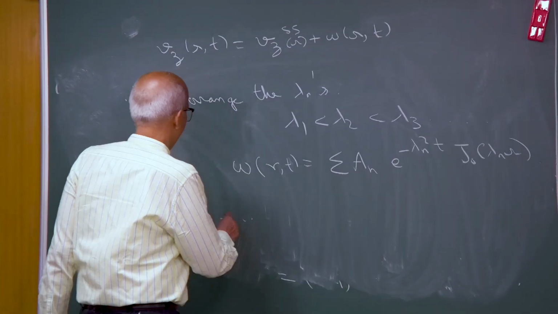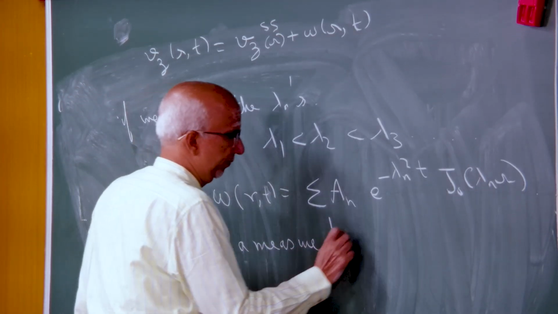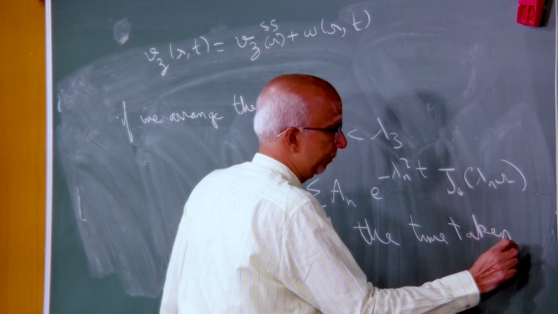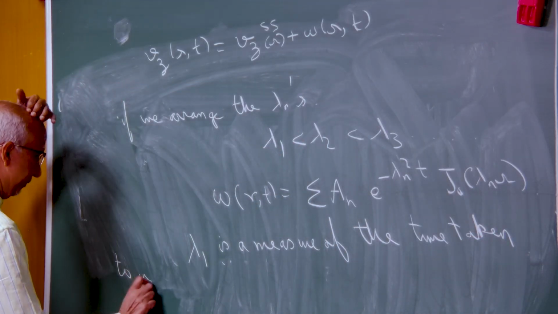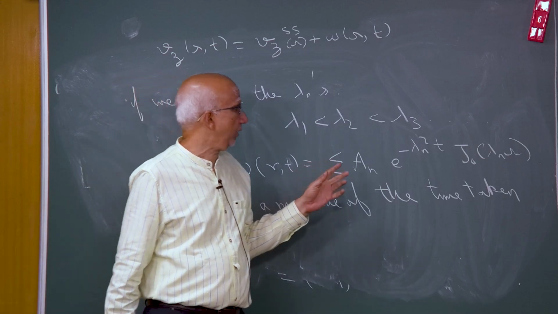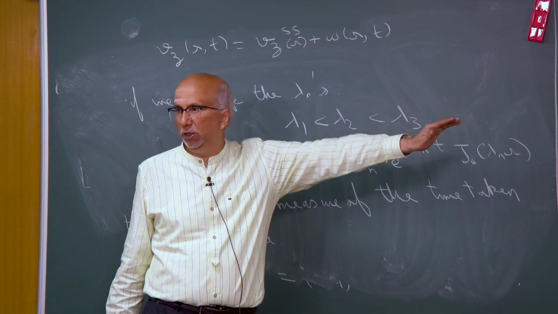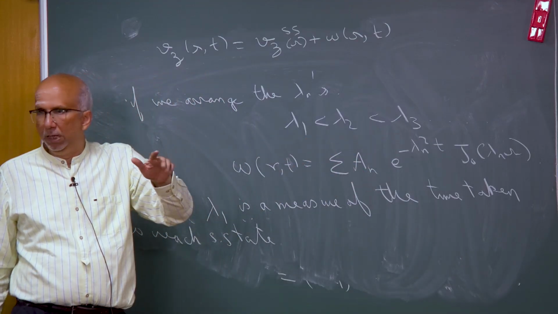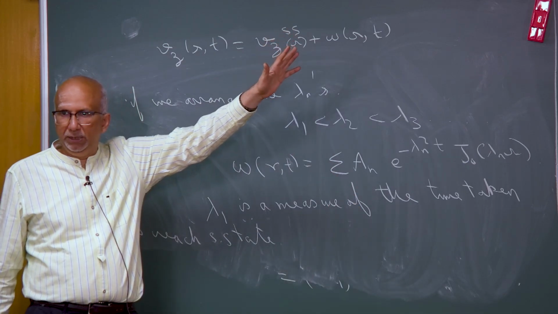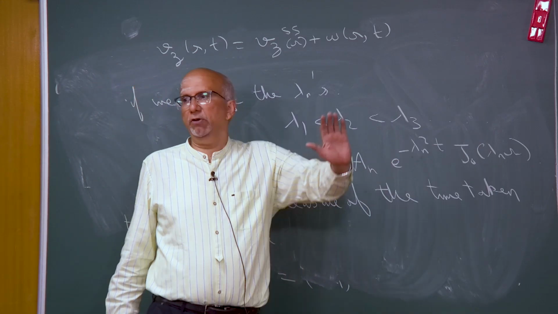Lambda_1 is a measure of the time taken to reach steady state. Eventually everything is going to go to 0. The one with the largest lambda_n will go to 0 immediately, but the lowest is the one which takes a lot of time to go to steady state.